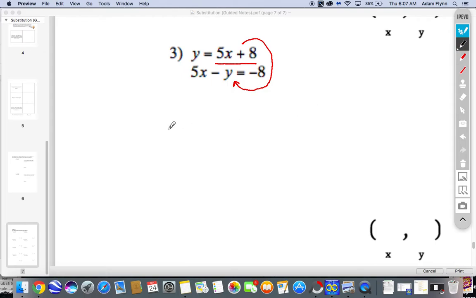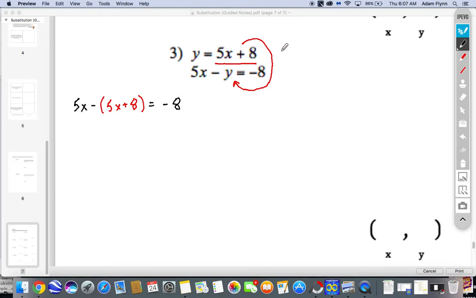So when I do that, if I rewrite my bottom equation, I've got 5x minus, instead of y, I now have this expression, 5x plus 8 equals negative 8.